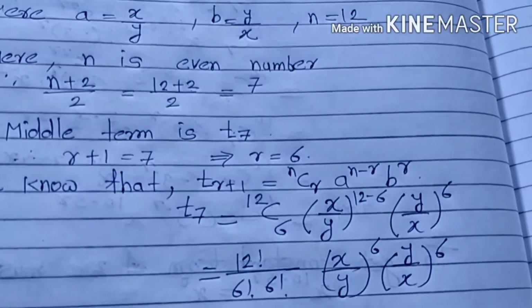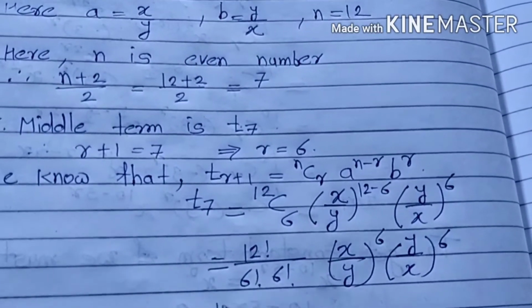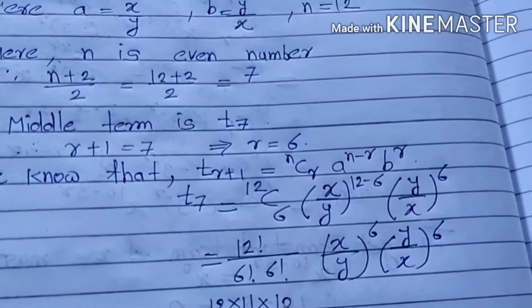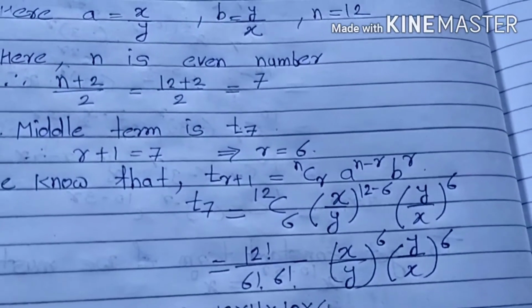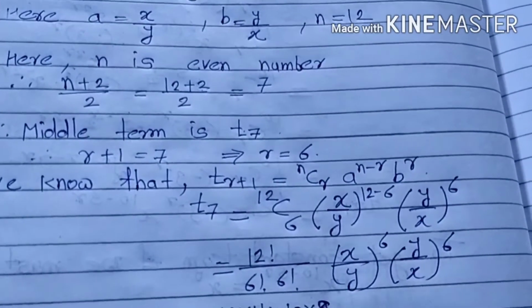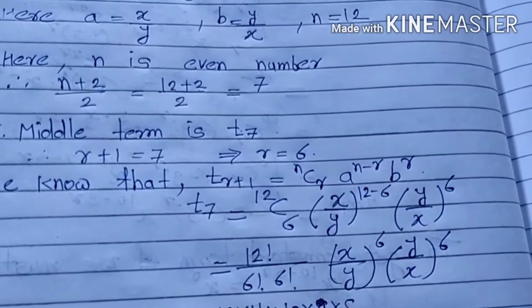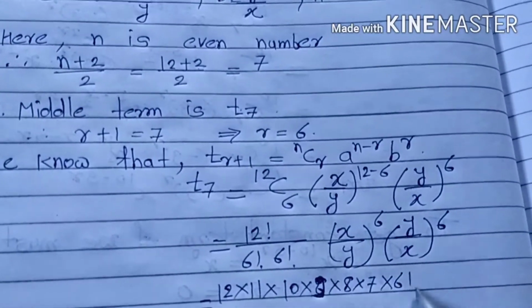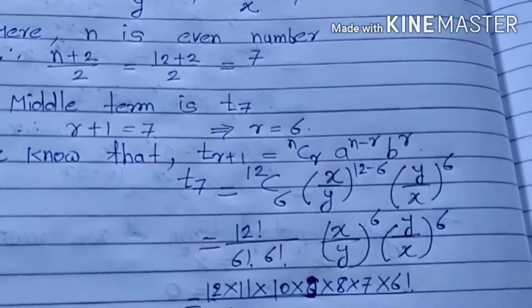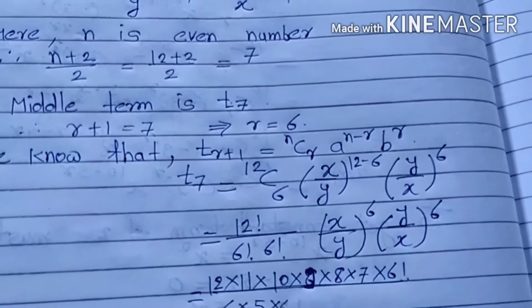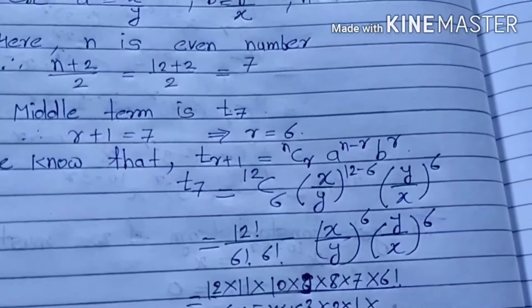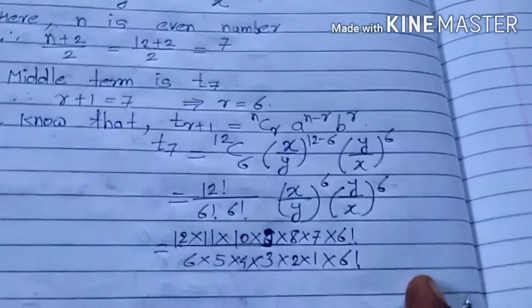So 12 factorial split up to 6 factorial: 12 into 11, 10, 9, 8, 7 and 6, upon 6, 5, 4, 3, 2, 1 into 6 factorial.